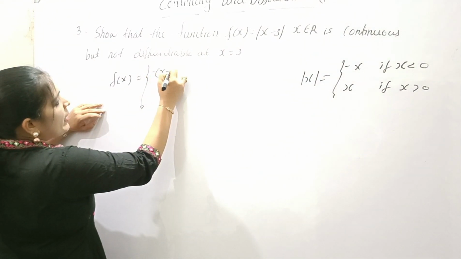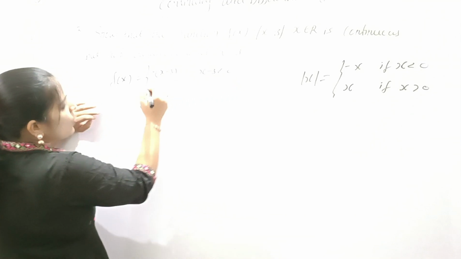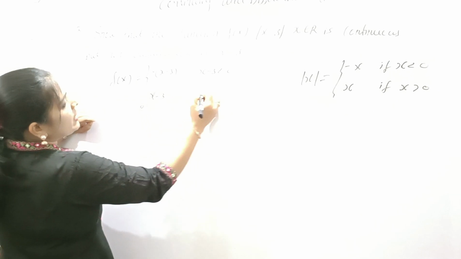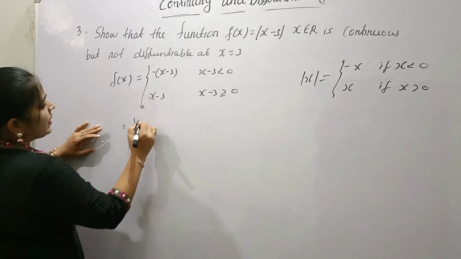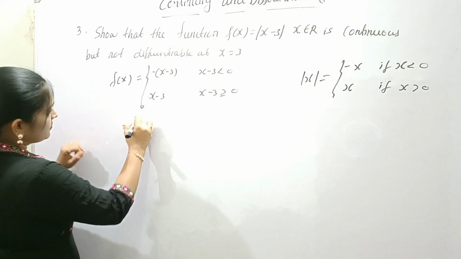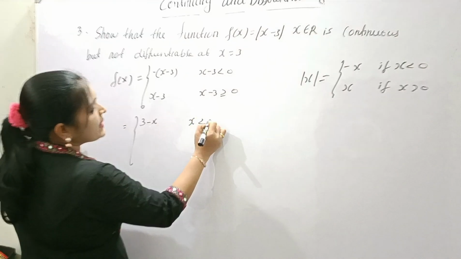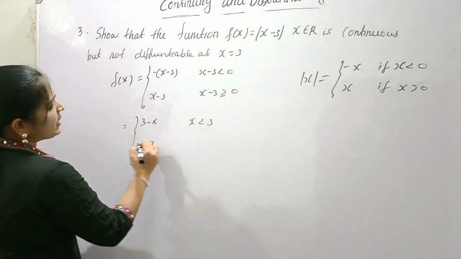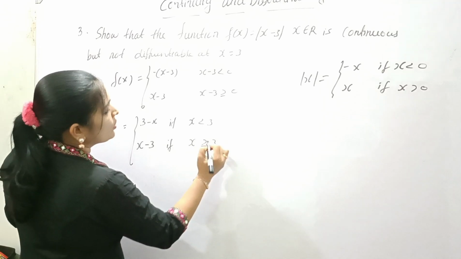So minus of x minus 3 if x minus 3 less than 0 and plus x minus 3 when x minus 3 greater than or equal to 0. That is, minus of x minus 3 means 3 minus x, right? 3 minus x when x less than 3, and x minus 3 if x greater than or equal to 3.